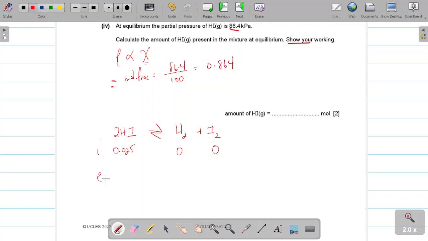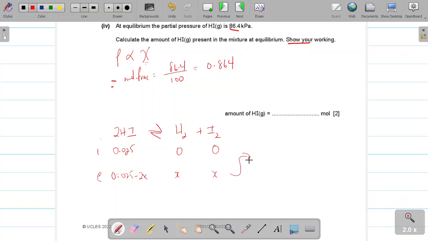At equilibrium, what happens? Let us assume x moles of hydrogen and iodine are produced. Because it's a 2 to 1 mole ratio, 2 moles of hydrogen iodide produce 1 mole of hydrogen. It implies that at equilibrium we have 0.025 minus 2x.